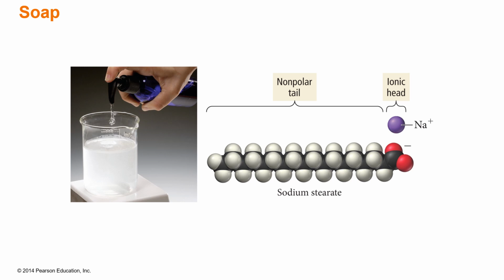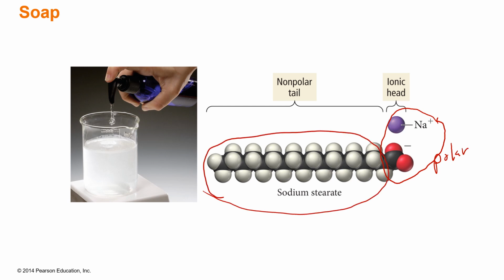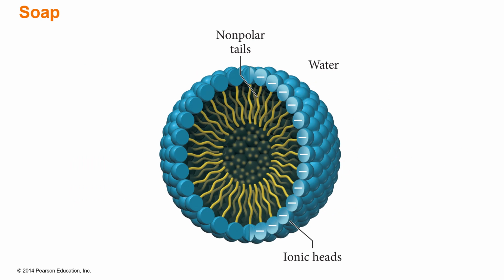So as we add it, again, we have that head group, which is polar, and that long tail group with lots of carbons and hydrogens, which is nonpolar. They congregate, they form an emulsification where those polar head groups are attracted to the polar water, and the nonpolar tail groups all hide to the center because they are hydrophobic, forming these things called micelles.